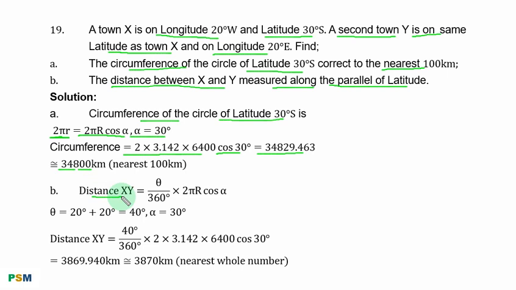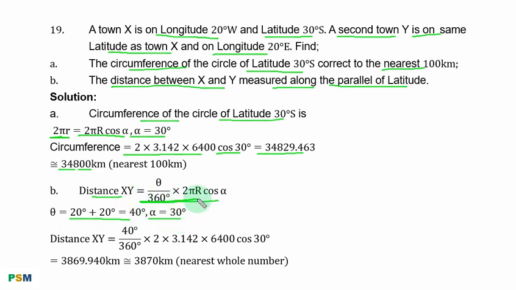Distance SY is measured along the parallel of latitude. It is a small circle obtained using this formula. S and Y are on different sides of the meridian, so their angular difference is through addition. You have it to be 40 degrees. Alpha remains 30 degrees.